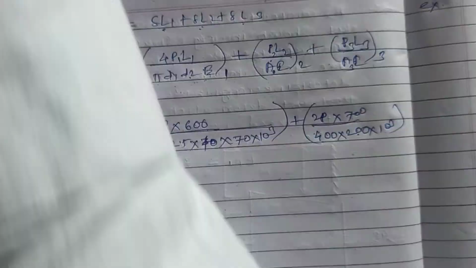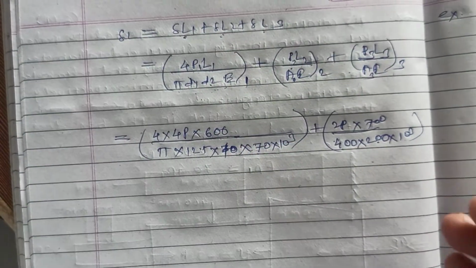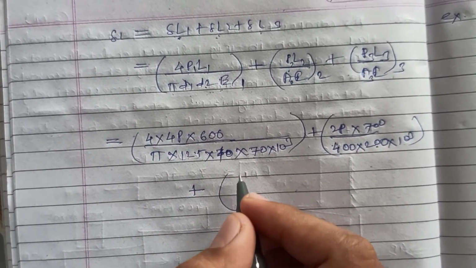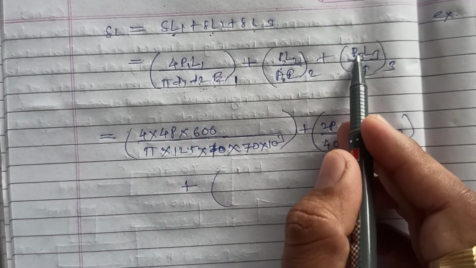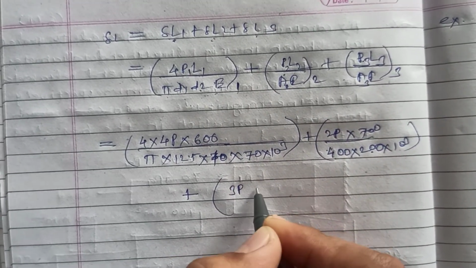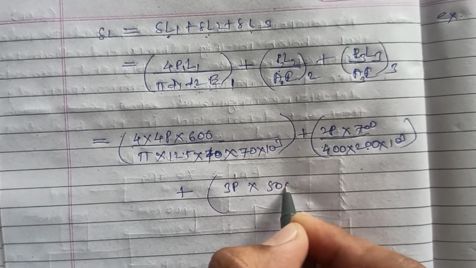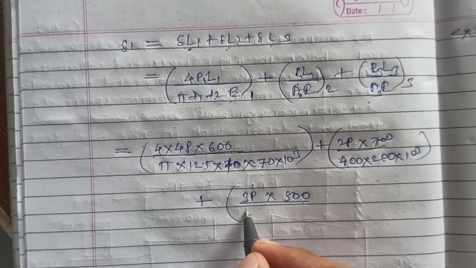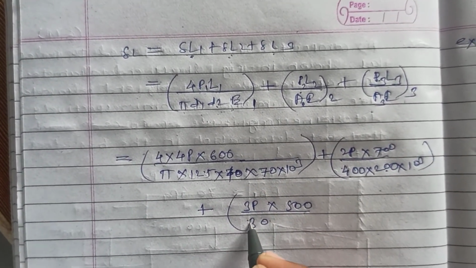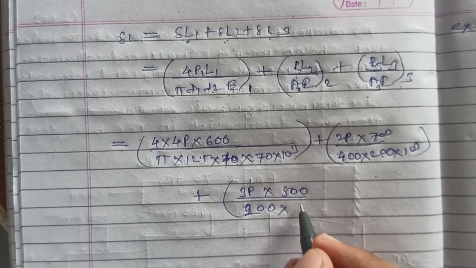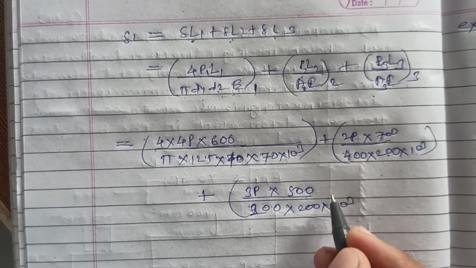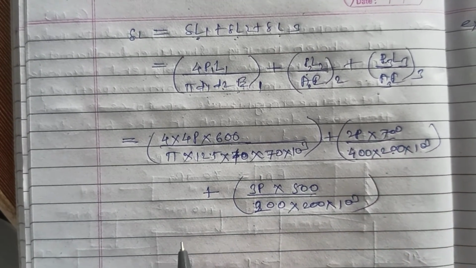So put all these values, plus this P3, which is nothing but thrice P into 500 divided by A3, which is given, that is 200 into this E, which is given, that is 200 into 10 raised to 3, bracket close.